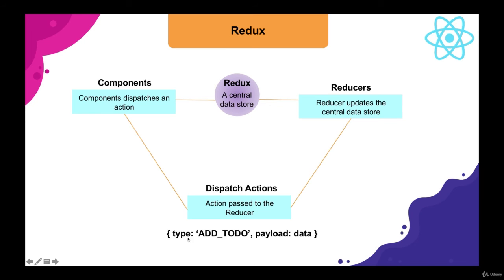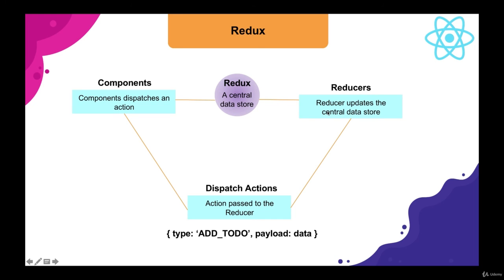Okay, so once we've done that step, that action is passed to what is known as a reducer, this thing right here. Then the reducer takes the action and it looks at the type of it and says, okay, this is an add to-do action. So what I'm going to do is take this data that you've given me, and I'm going to go to the central data store and update it with this new data.